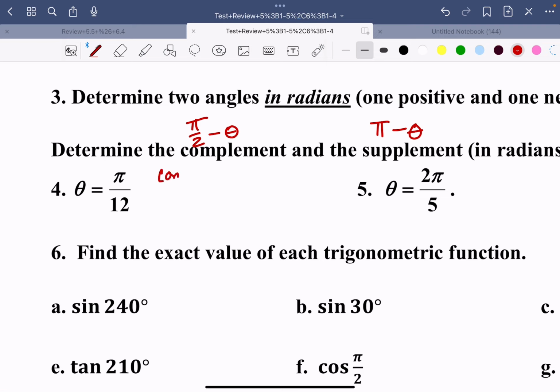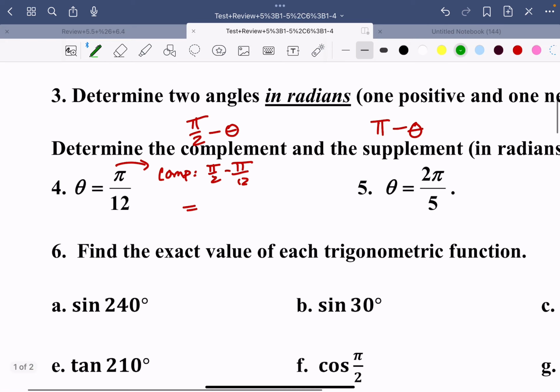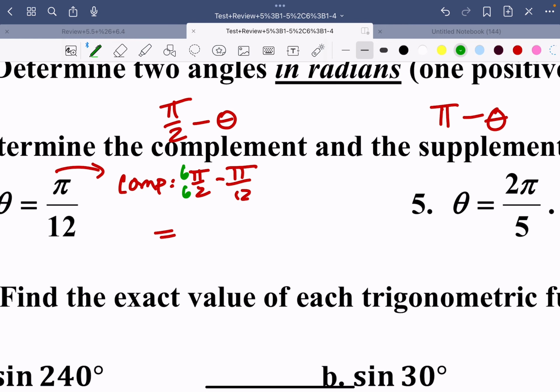So for the complement of this question, we're going to have pi over 2 minus pi over 12. But the only way to do that is to get a common denominator. So we hit this with 6 over 6. This is 6 pi over 12 minus pi over 12, and your answer is 5 pi over 12 would be the complement of my original angle, pi over 12.